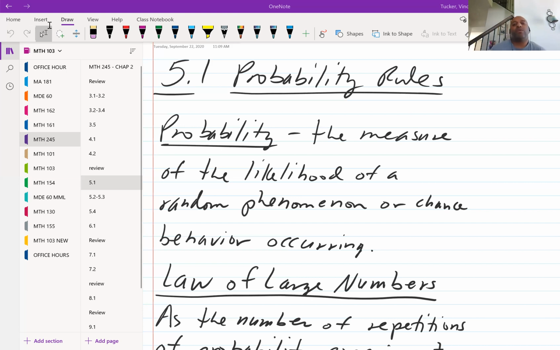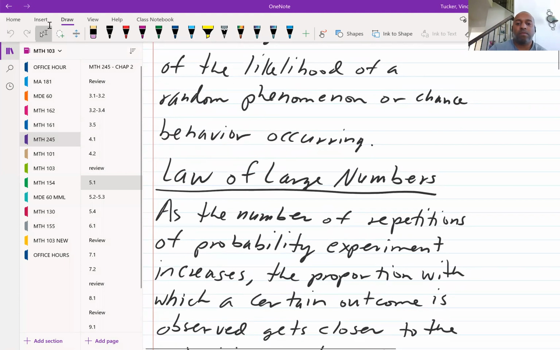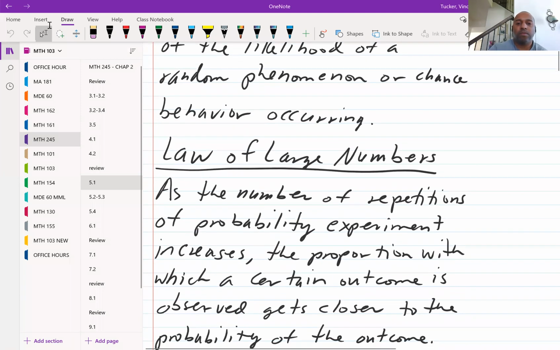So probability rules 5.1. Probability is just a measure of the likelihood of a random phenomenon or chance behavior occurring. All right, then we have the law of large numbers.